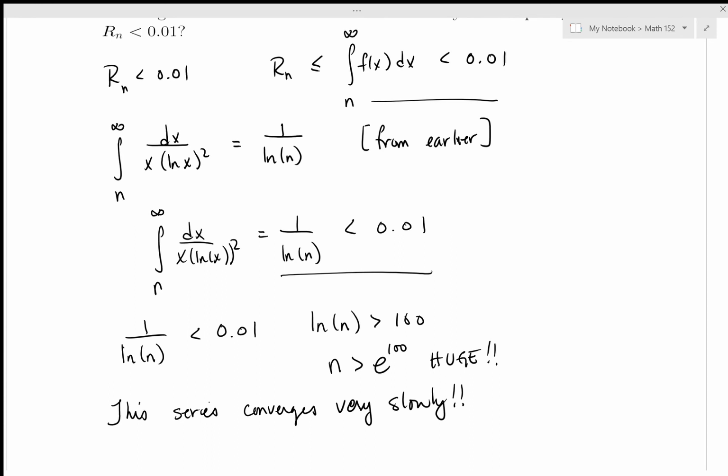But even so, if we had some really pressing need to accurately know what this sum was, we would either have to figure it out exactly, or we would have to do something other than adding up e to the 100 terms just to get to within 1% of the correct answer. That would be horribly inefficient.